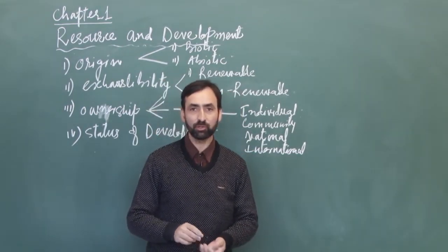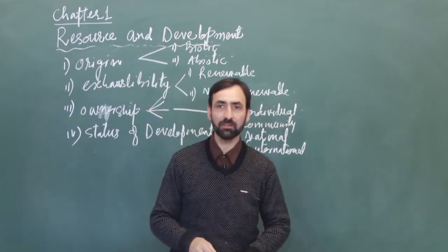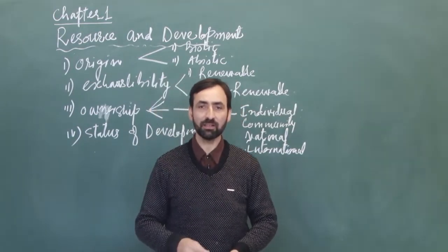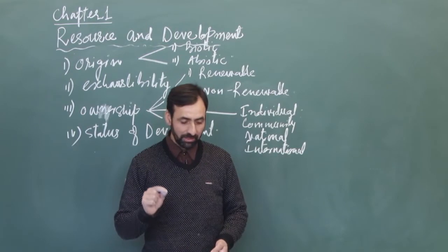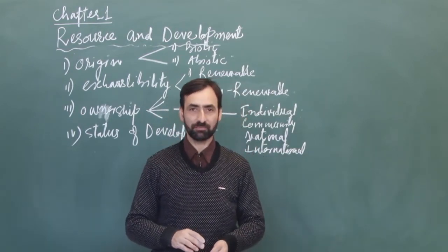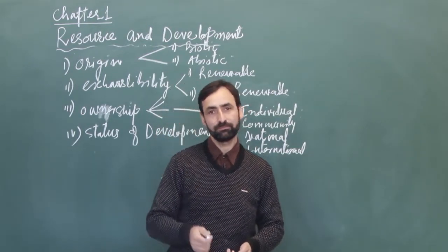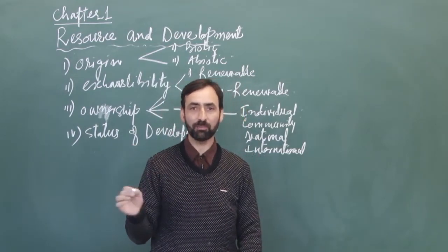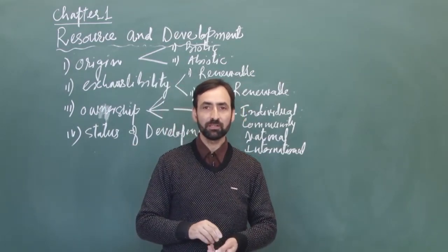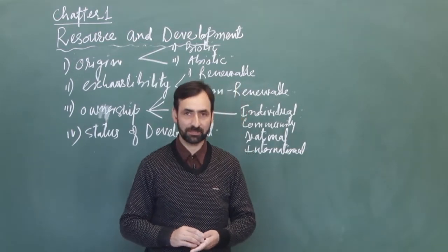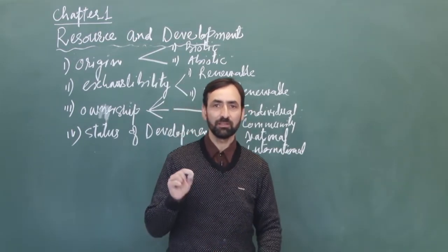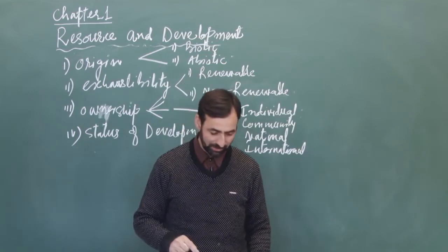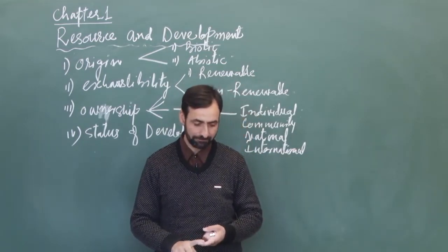India has the right to extract them only up to certain distances, not everywhere. It is 12 nautical miles, NM. On water, distance is measured in nautical miles. On land, distance is measured in miles and kilometers. You have to remember these points.